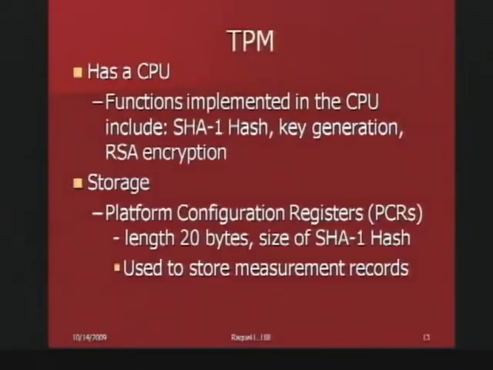So in addition to having a CPU and some specific functions implemented, you have these platform configuration registers that act as storage, where each is the length of the output of a SHA-1 hash, which is 20 bytes. So basically you use that to store your measurements. Now, the proof comes in, and when we talked about behavioral trust, basically proving that you're running a certain software stack is having the TPM sign these measurements and then send them off.